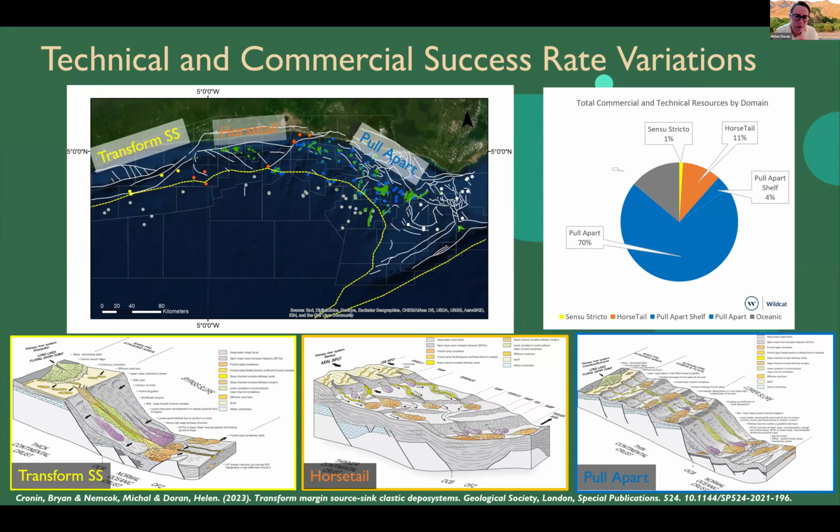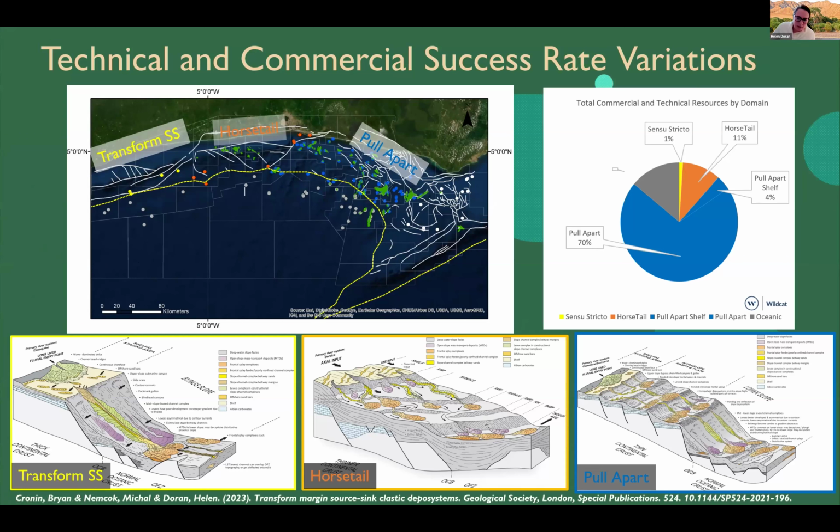In its complexity probably lies opportunity, because it's the most complex part of the transform margin, and you need to unravel the timing and the movement with the oblique nature and the input of the reservoirs to find, obviously, exploration success, but in there probably lie further opportunities just in its complexity.